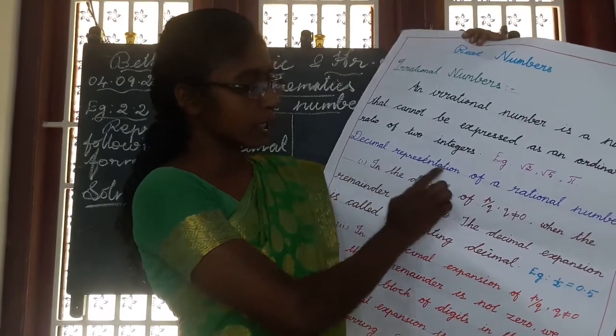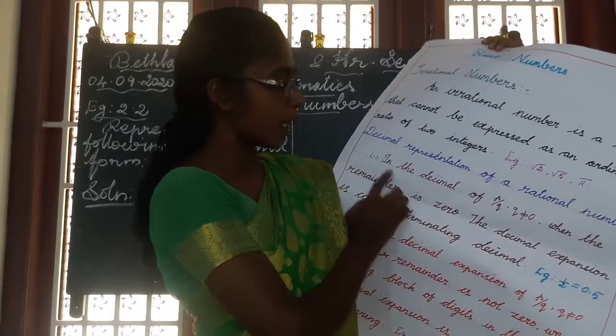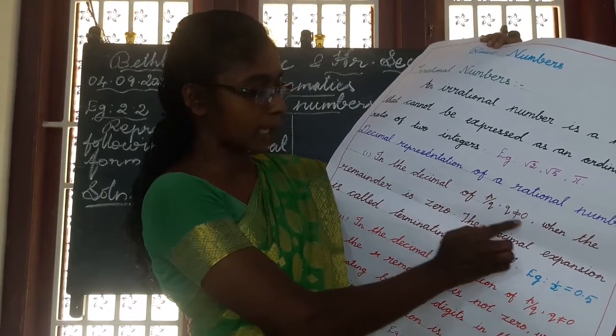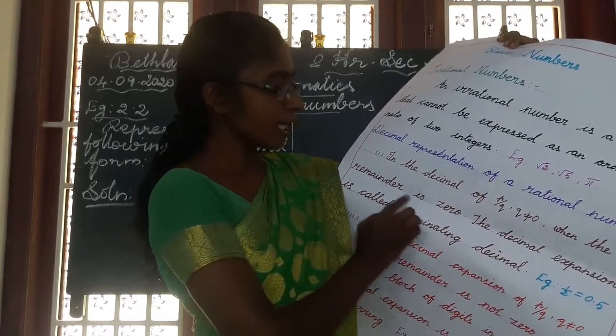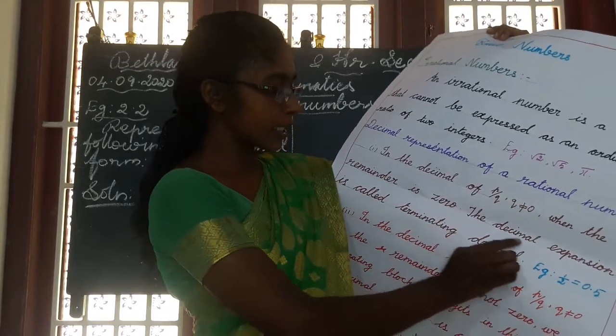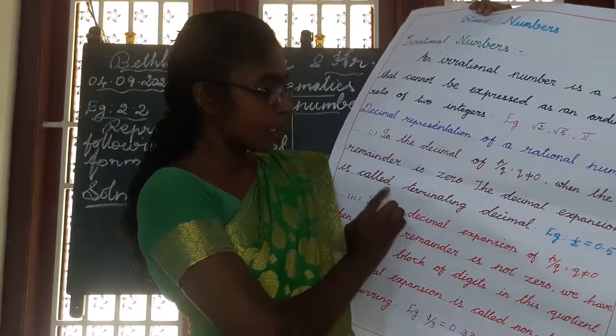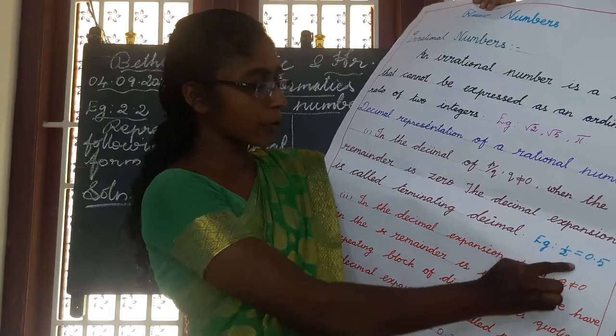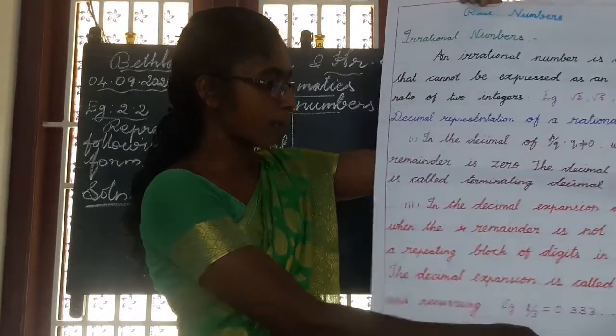Next, decimal representation of a rational number. In the decimal expansion of p by q, when the remainder is 0, the decimal expansion is called terminating decimal. Example, 1 by 2 is equal to 0.5.